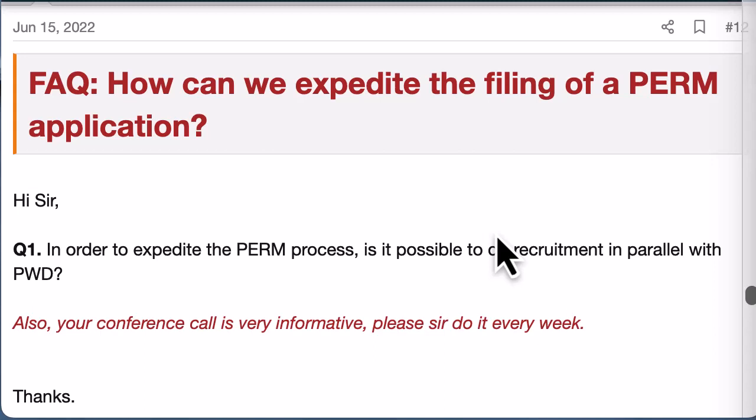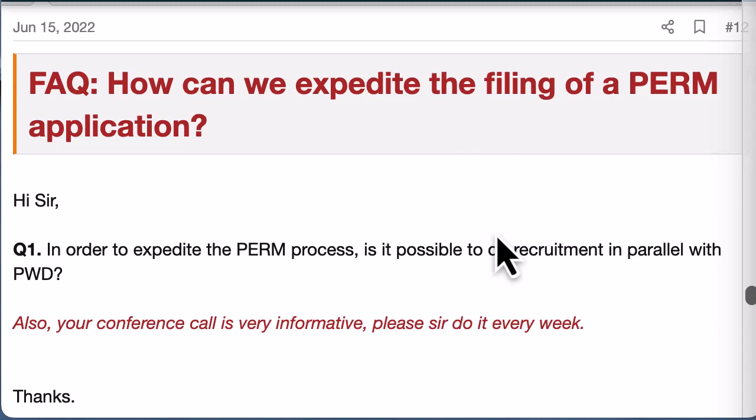Now the question here is this: how can we expedite the filing of a PERM application? Now remember, there is no way to premium or to expedite a filed PERM, but how do we get to the finish line of filing the PERM quickly? The only thing I can recommend is, the biggest pain point in PERM applications is the prevailing wage. It takes 7 months to come through.